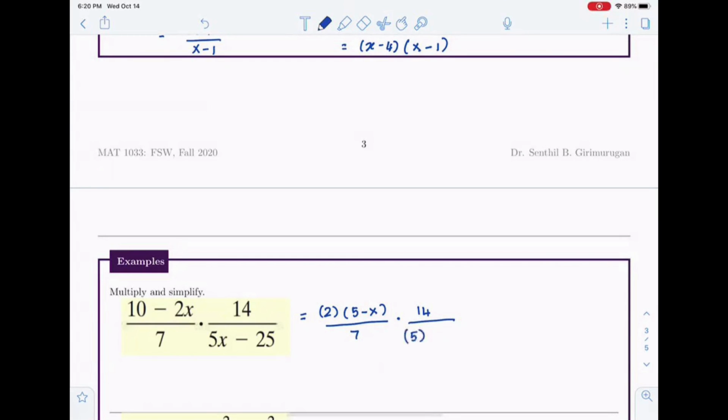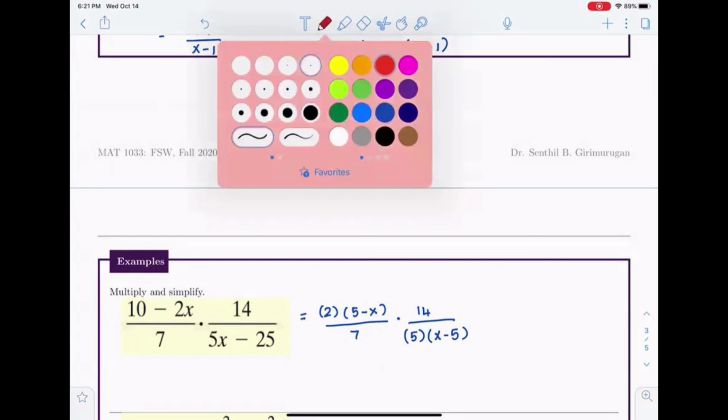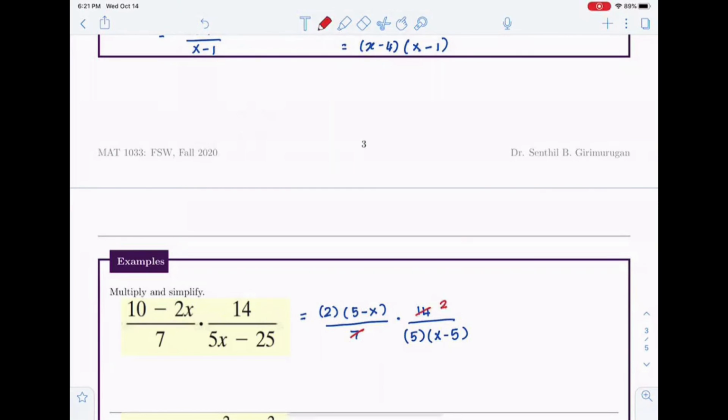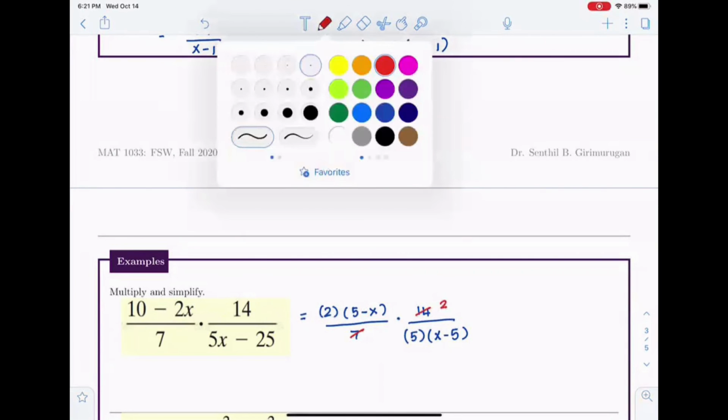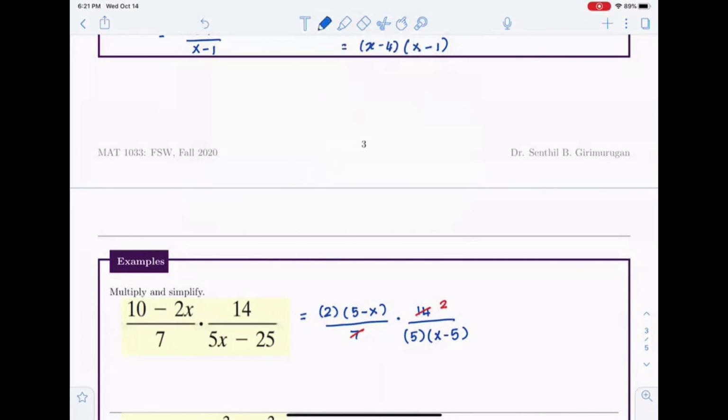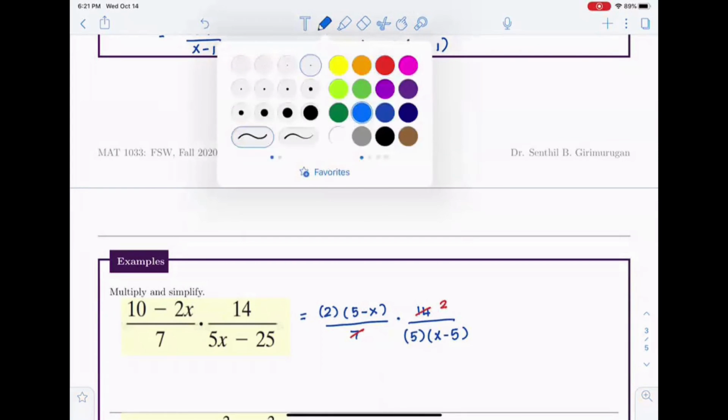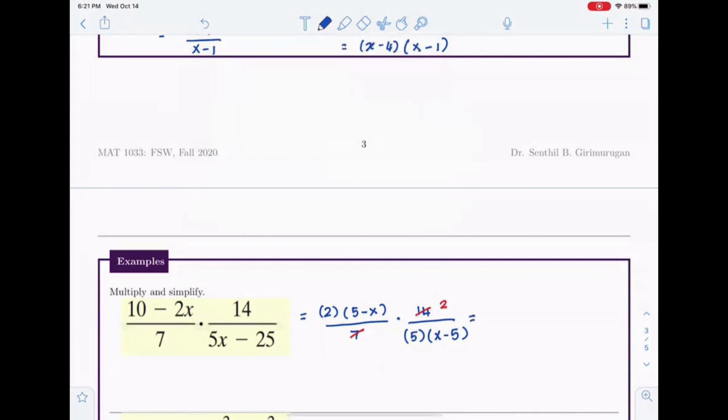So if I pull that out, I have x minus 5. So now I can see that 7 would divide 14 2 times. So I have 2 times 5 minus x divided by 5 times x minus 5.